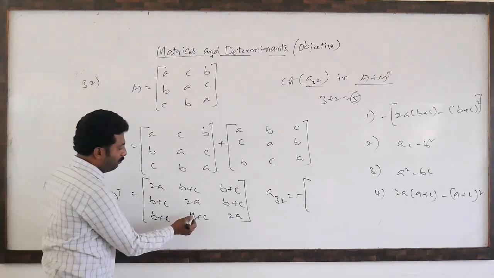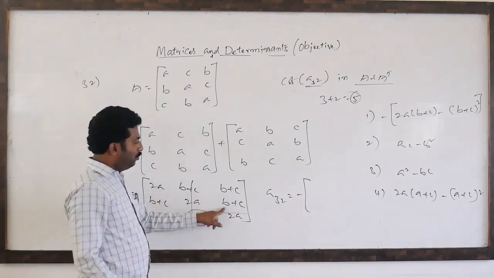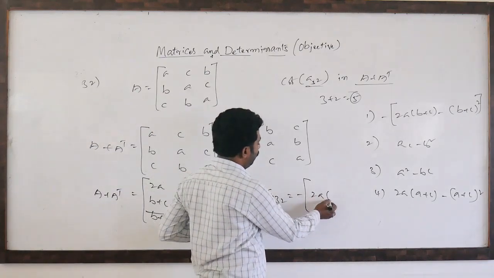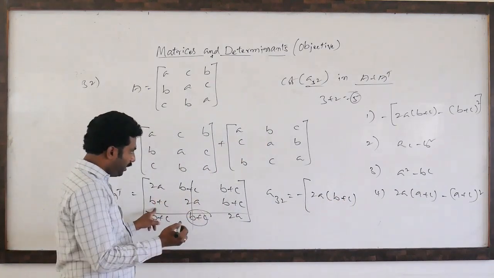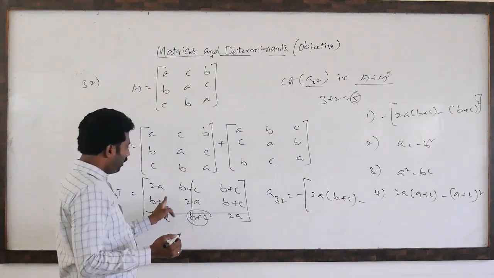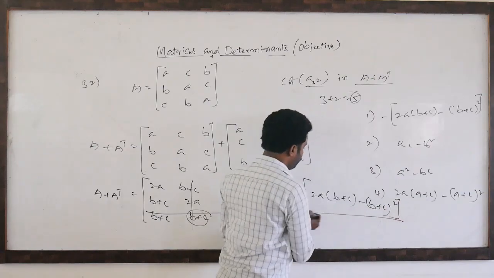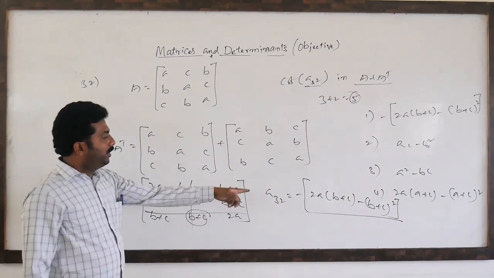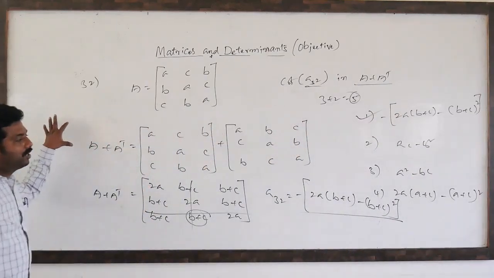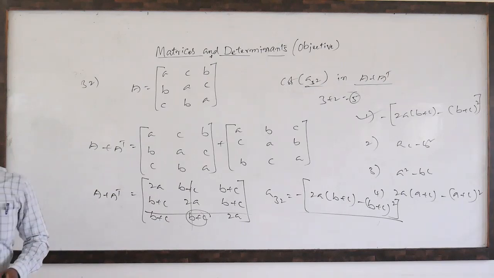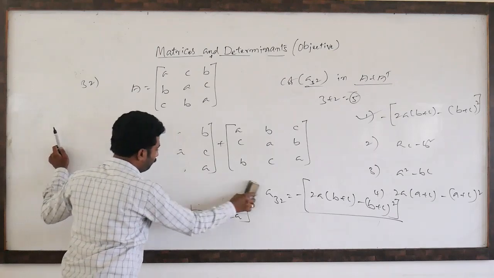Third row plus second column, 3 plus 2, is 5, an odd number, so we take the minus sign. The cofactor of this element is minus of 2A into B plus C minus B plus C into B plus C, that is, B plus C whole square. Looking at the four options, the A32 cofactor is clearly the first option. So this is the way of calculating the cofactor of an element in the matrix A plus A transpose.